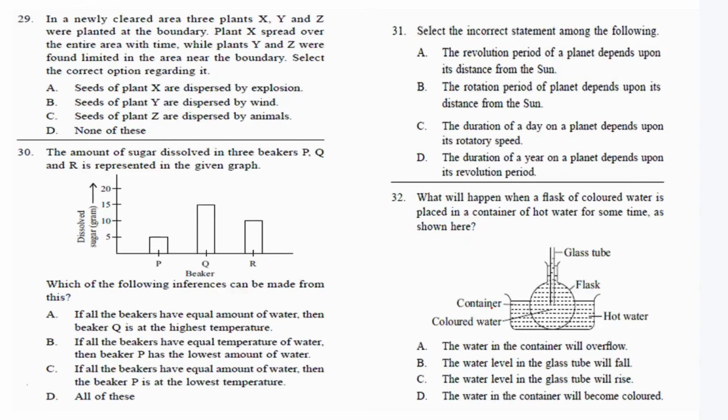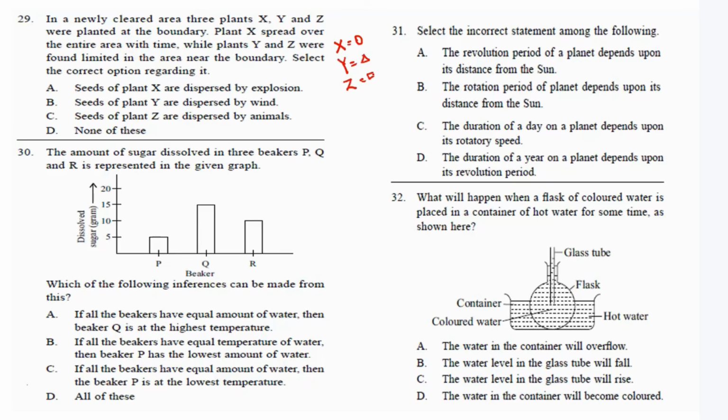Question 29 says, in a newly cleared area, 3 plants X, Y, and Z were planted at the boundary. Plant X spreads over the entire area with time, while plants Y and Z were found limited in the area near the boundary. So if we take 3 shapes, suppose X is this shape we are taking, Y plant we are taking as a triangle, and Z plant we are taking.